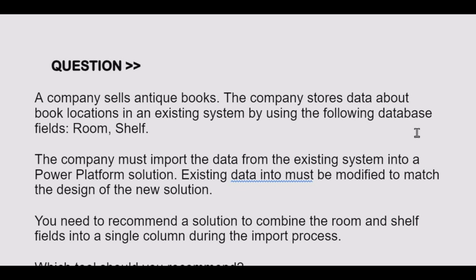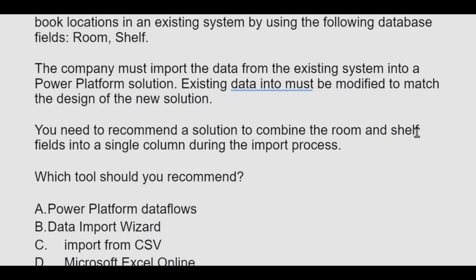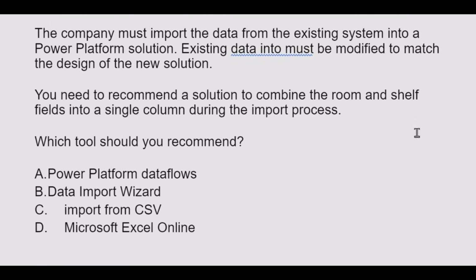You need to recommend a solution to combine the room and shelf fields into a single column during the import process. Which tool should you recommend? The options are: option A, Power Platform Dataflows; option B, Data Import Wizard; option C, Import from CSV; option D, Microsoft Excel Online. The correct answer is option B.